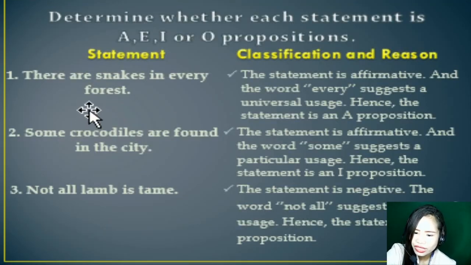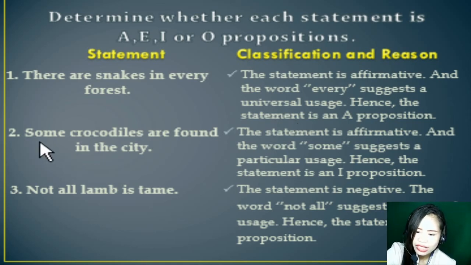So based on the first statement, there are snakes in every forest. What classification is that? Is it A, E, I, or O? Let's discuss it one by one. The statement is clearly affirmative, and the word every suggests universal usage. So universal affirmative. Hence the statement is an A proposition.